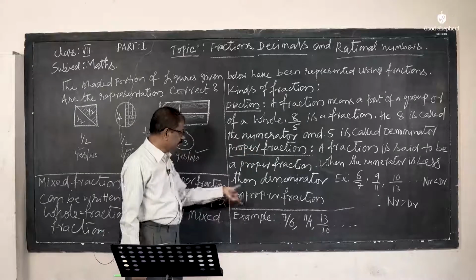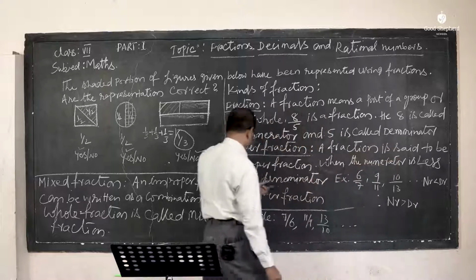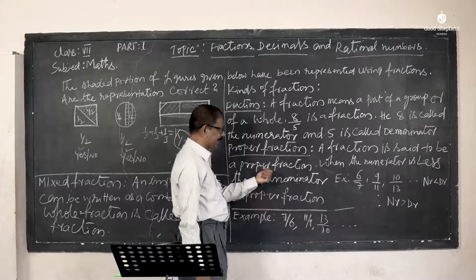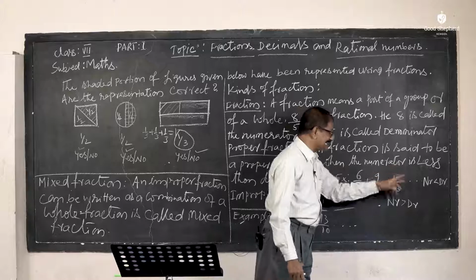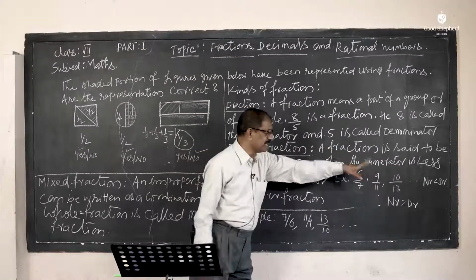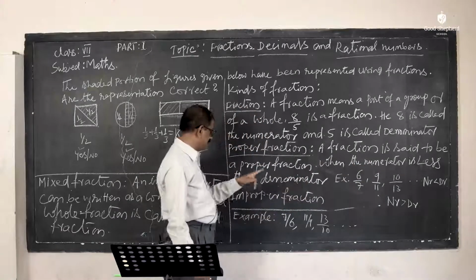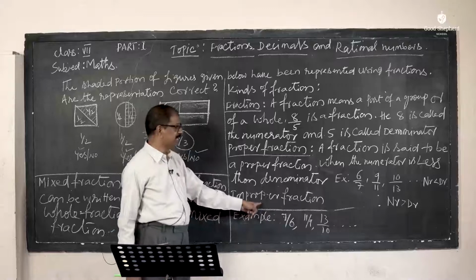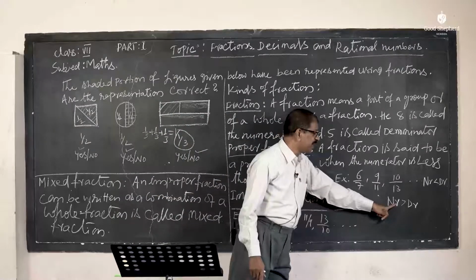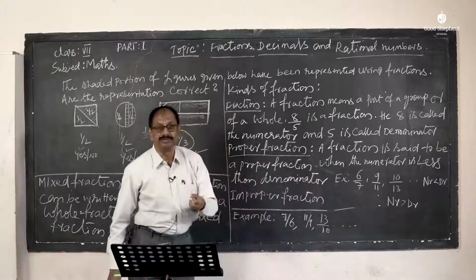The next is, what is an improper fraction? Same thing. A fraction is said to be an improper fraction when the numerator is greater than the denominator. Here it was less than, now just a simple change: greater than the denominator is known as an improper fraction.